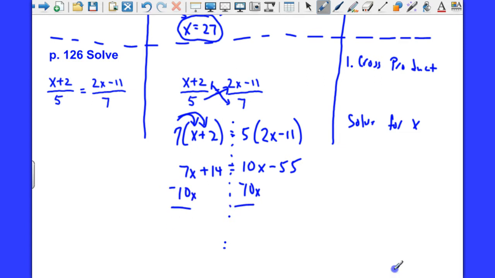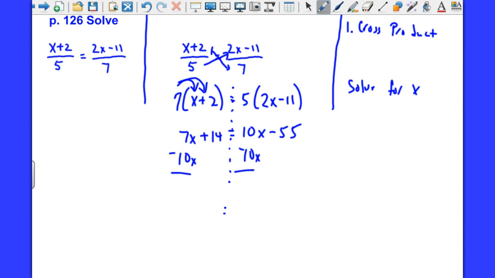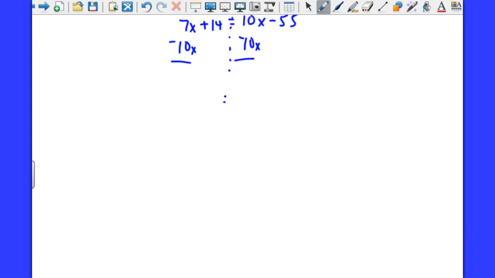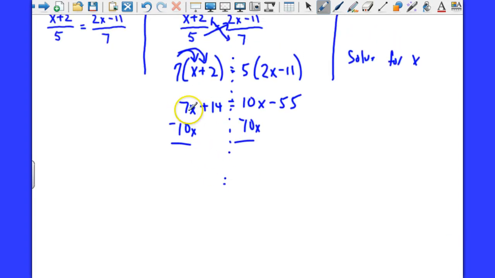To simplify here, I need a little more space. Oh, too much. Sorry about that. 7x minus 10x is negative 3x plus, bring down the 14, equals is lined up. That's gone away. You got negative 55 here. Okay, negative 3x plus 14 is negative 55.